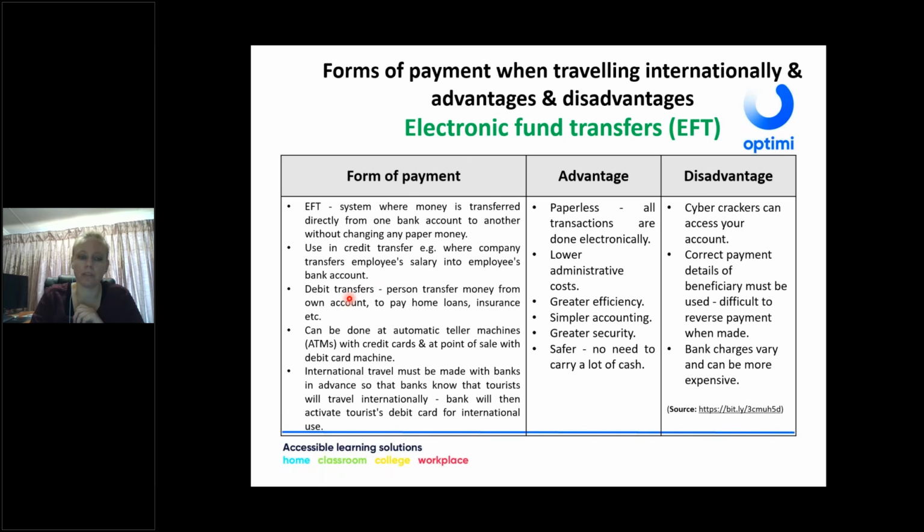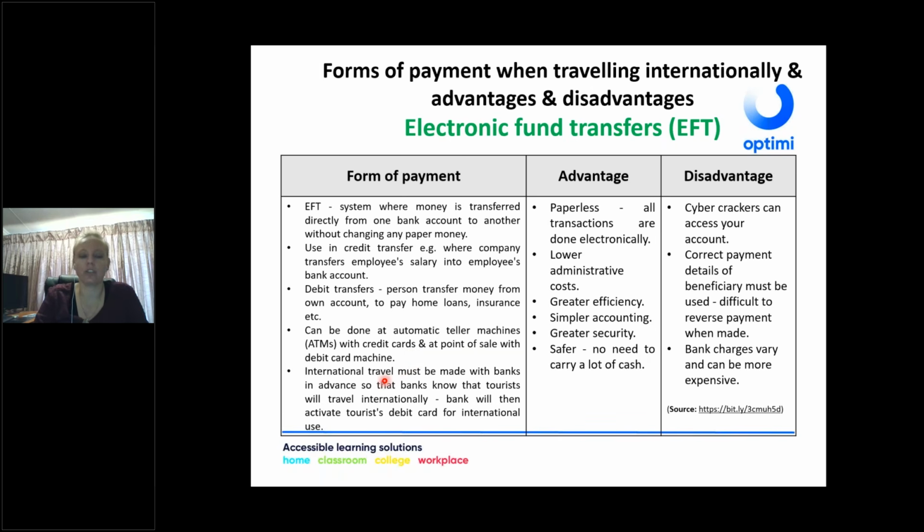There are also debit transfers, where a person can transfer money from their own account to pay, for example, home loans or insurance. It can be done at an automatic teller machine, an ATM, with a credit card, or at a point of sale with a debit card machine.